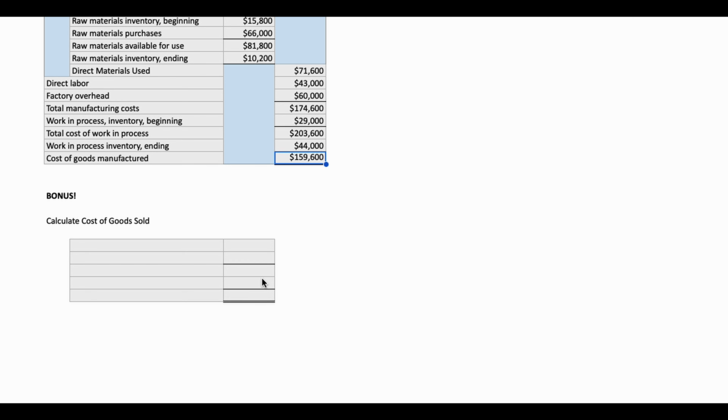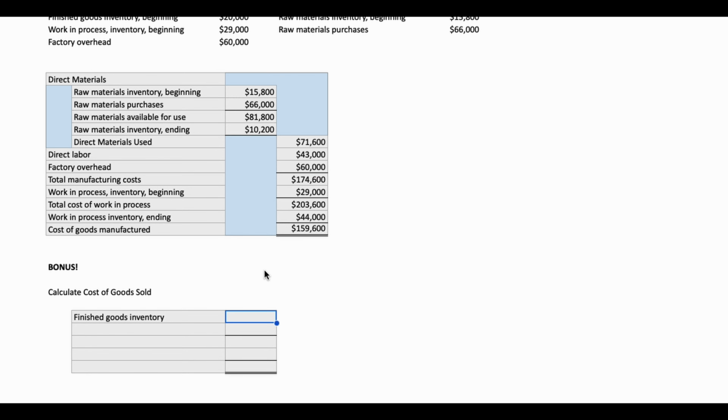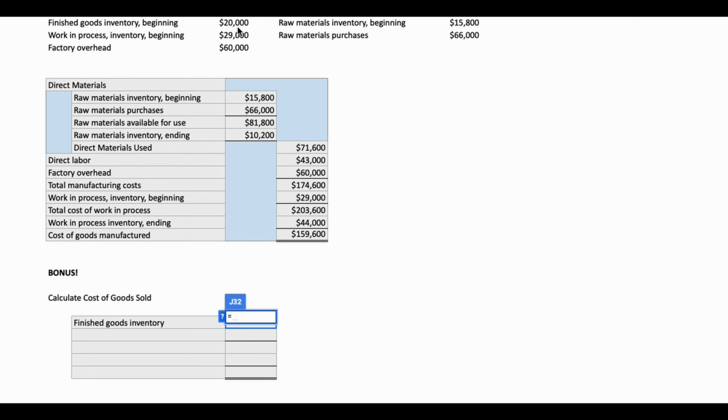We're going to do a little bonus on this one, where we calculate our cost of goods sold. This is going to feel similar to what we did with our raw materials above. But instead of raw materials, we take our finished goods inventory, which in our case is $20,000. We add to it our cost of goods manufactured, the $159,600 that we just came up with.